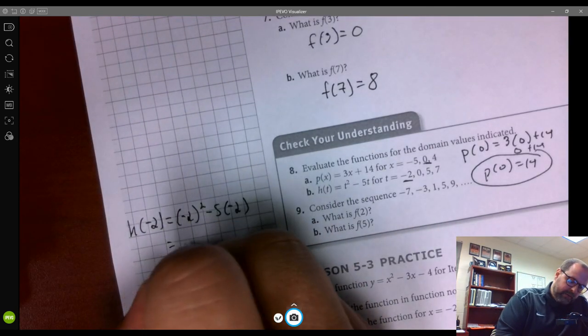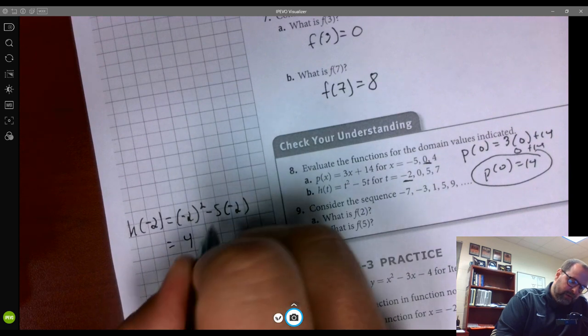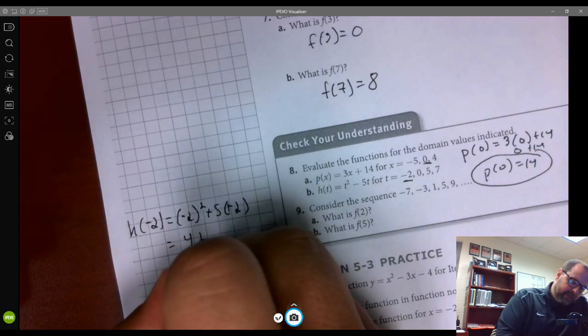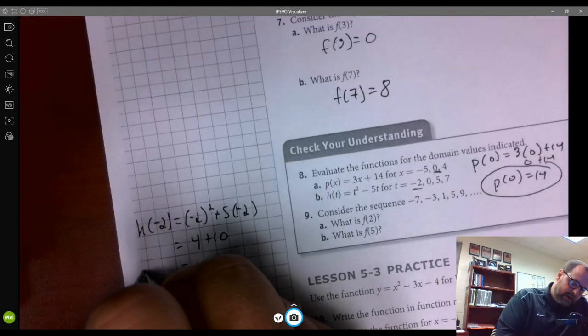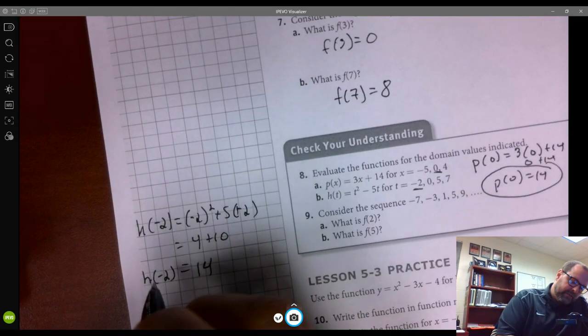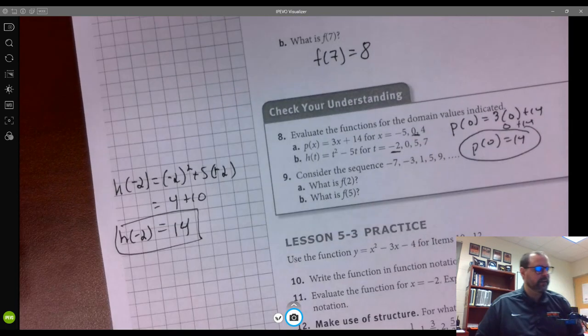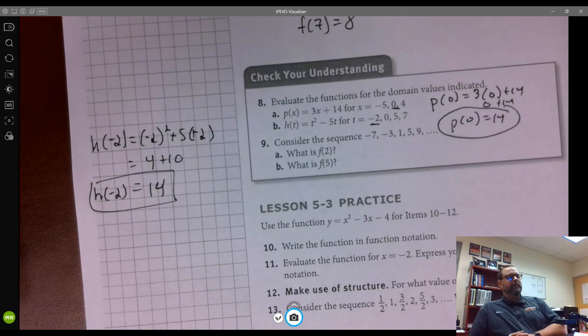Negative 2 times negative 2 is positive 4. Negative 5 and negative 2 is positive 10. So I get 14. You don't have to rewrite h of negative 2 for every step, but in the final answer, I do. So I'm saying h of negative 2 equals 14. What's that mean again? When you plug in negative 2, you get 14 for this function.